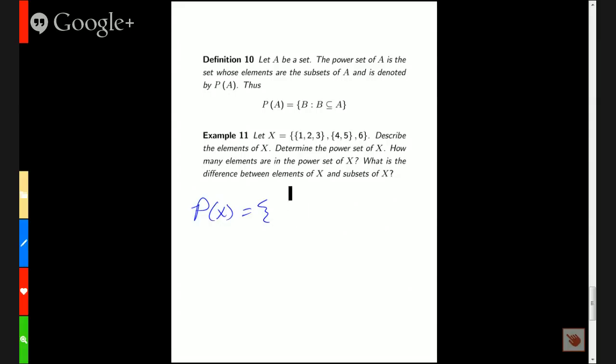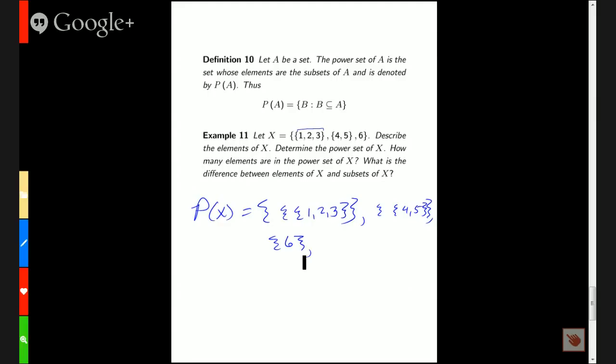So notice that we have this element. It's a set. So I have to actually put braces around each element that I see in there. That one has 2 sets of braces because it already had 1 set of braces. And then we have to put braces around the next one, 4 and 5. And then braces around the 6. And that's all the single ones.